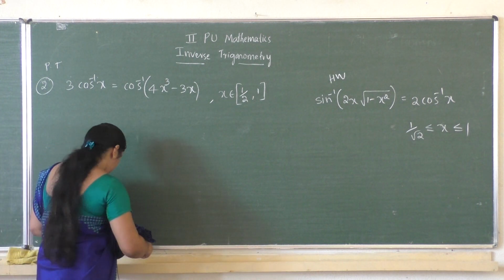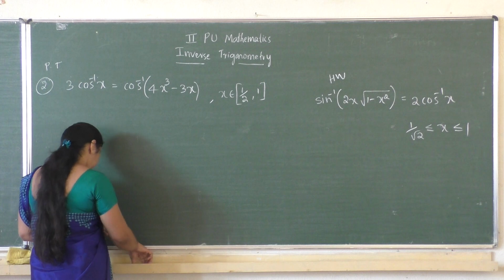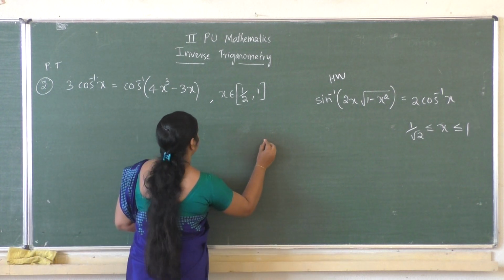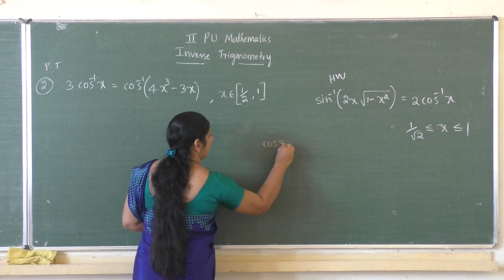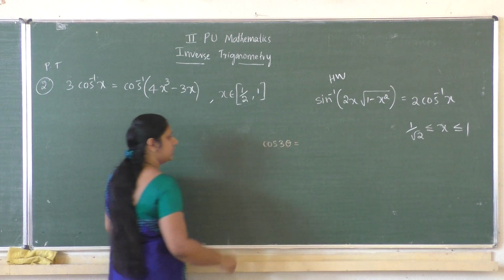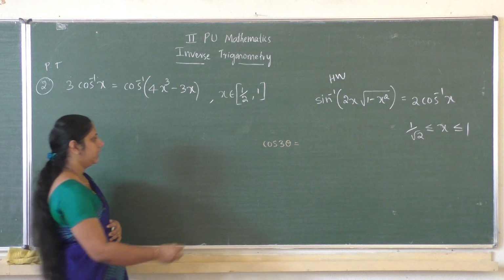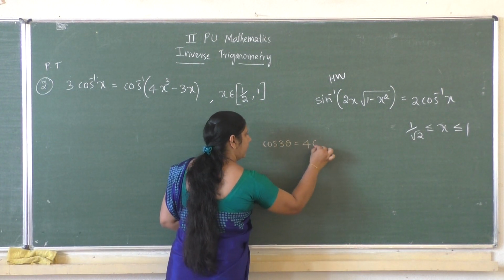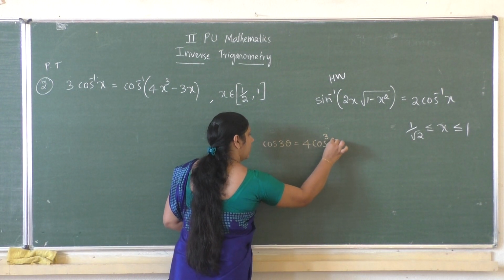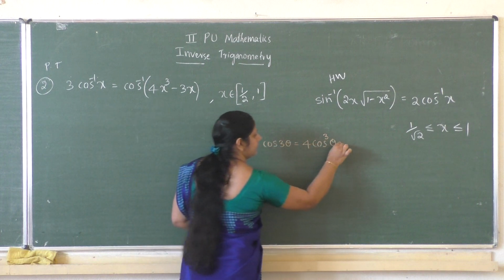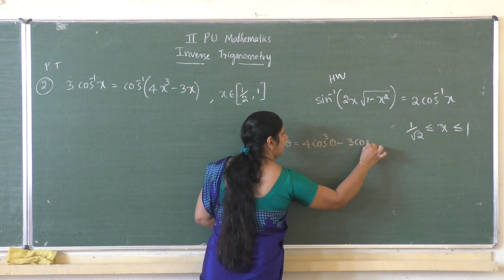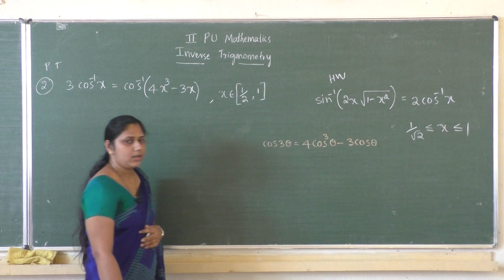See, in first year trigonometry we have one formula. Cos 3 theta, right? What is the formula cos 3 theta? It is 4 cos cube theta minus 3 cos theta, right?